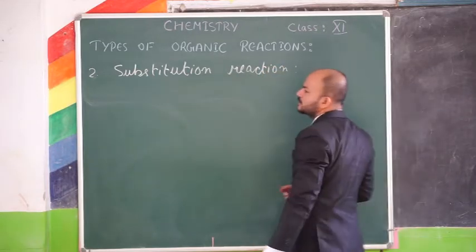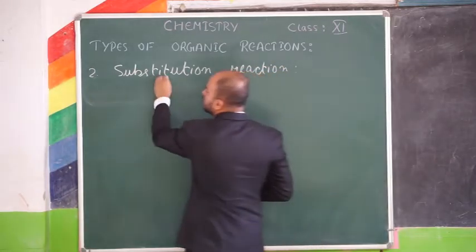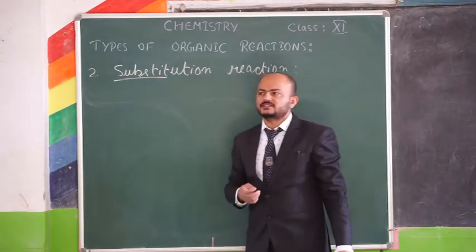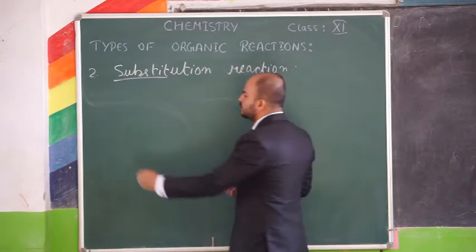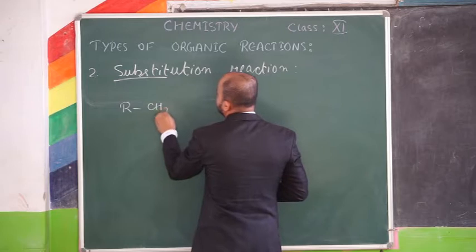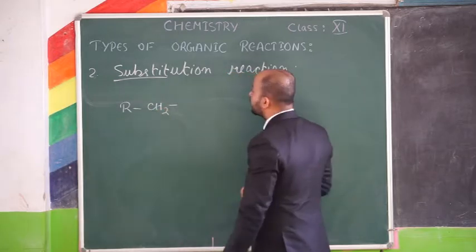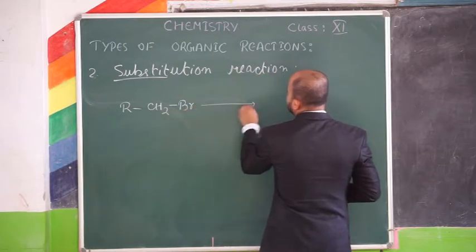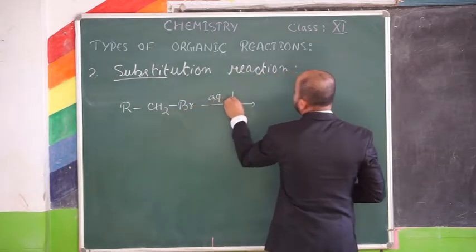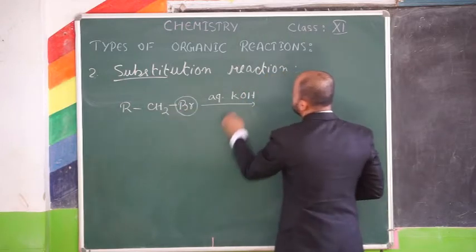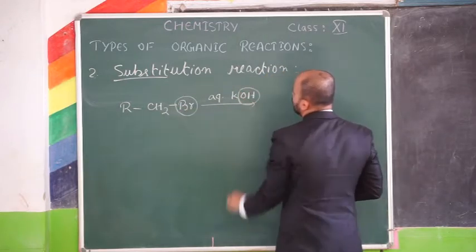Now in substitution reaction, as the name suggests, substitution takes place. Suppose you have RCH2Br, an alkyl halide. Whenever it is treated with aqueous KOH, the bromine will be substituted with OH.